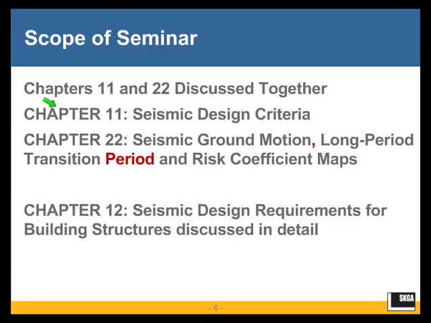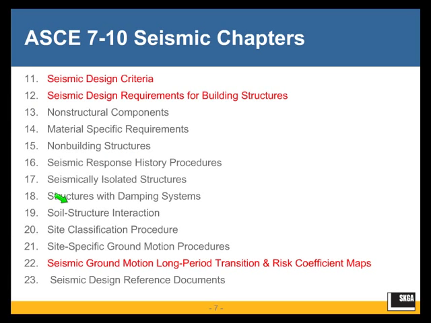The new maps are found in chapter 22, but they're referenced in chapter 11, and that's why we discuss the two chapters together. And then the second half of the seminar will be dedicated to the changes found in chapter 12. The structural engineer finds themselves in chapters 11 and 12 most of the time when applying the seismic provisions.